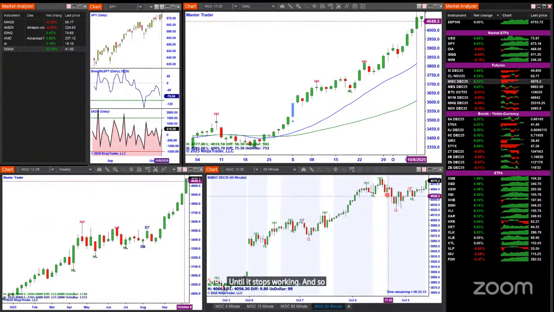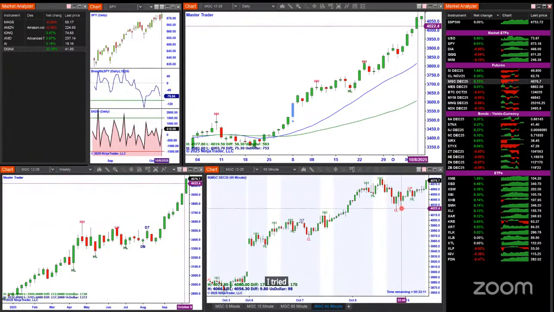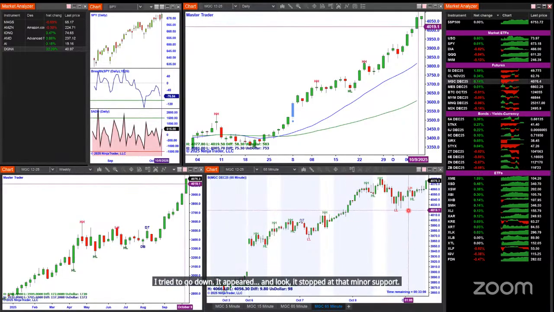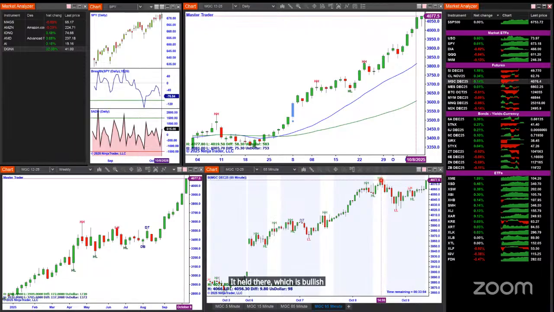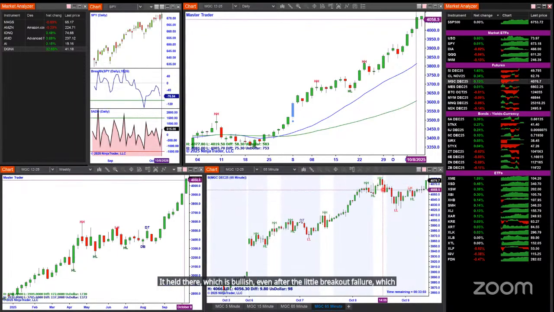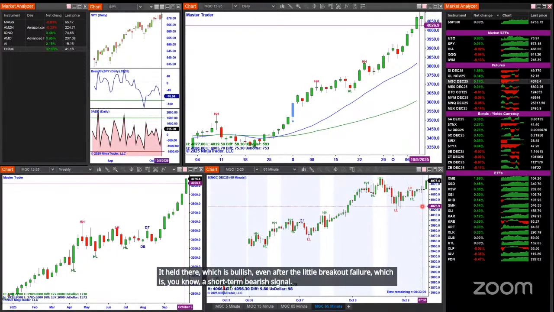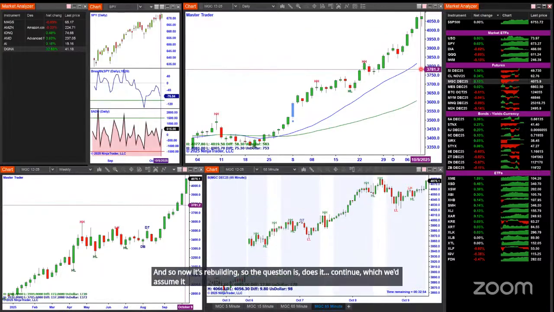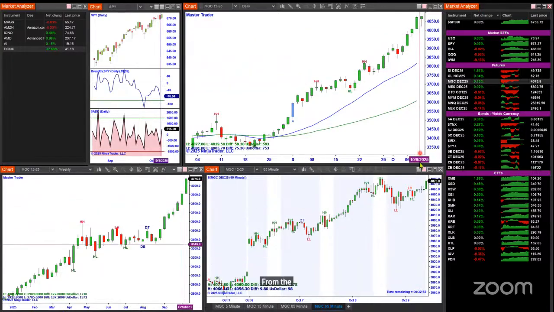So it tried to go down. It appeared, and look, it stopped at that minor support. It held there, which is bullish, even after the little breakout failure, which is a short-term bearish signal. And so now it's rebuilding. So the question is, does it continue? Which we'd assume it does, even though it's extended from the 20 here.